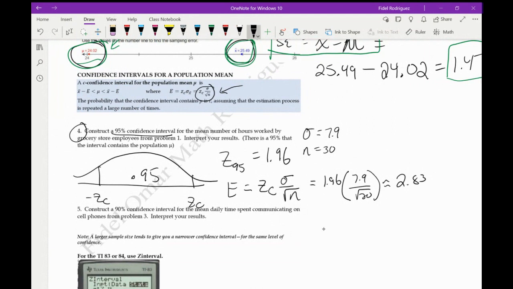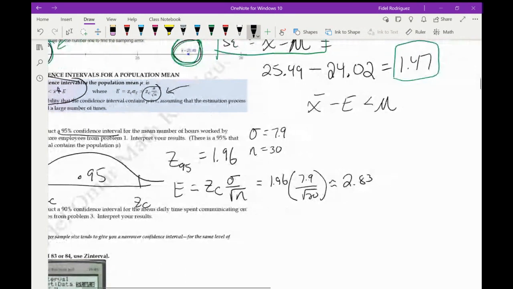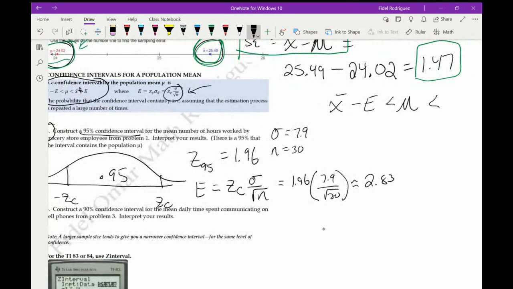Since we're trying to find a confidence interval, this part right here, that's a plus, tells me how to find that confidence interval. So my confidence interval is going to be x bar minus the error, and my population average is going to be somewhere between there and x bar plus my error.